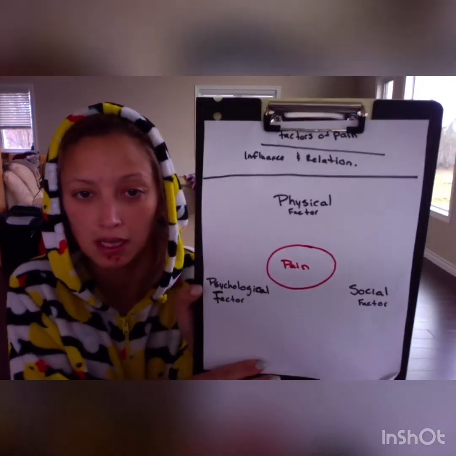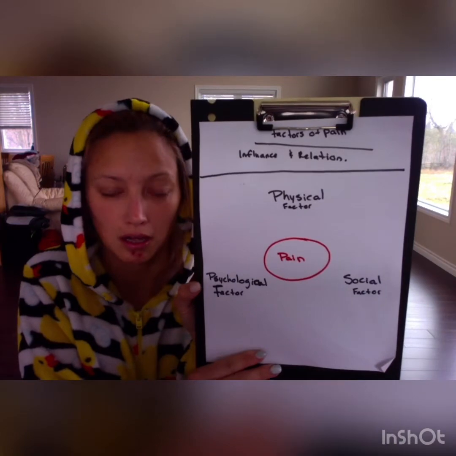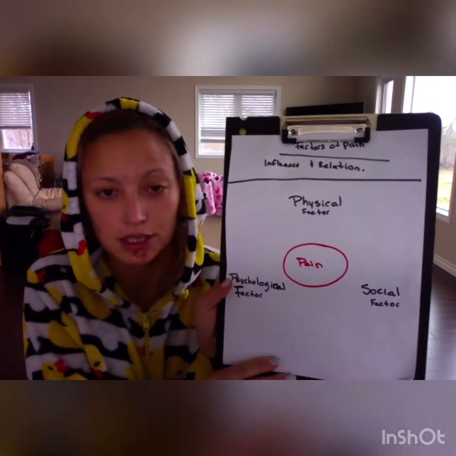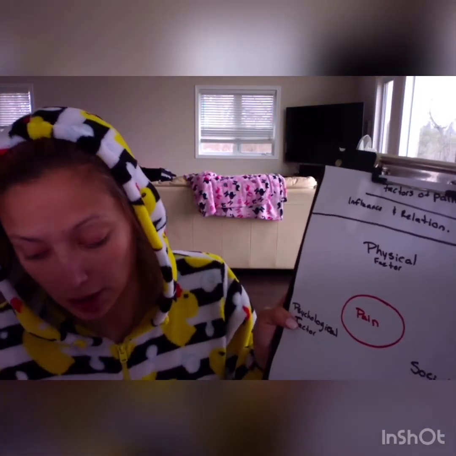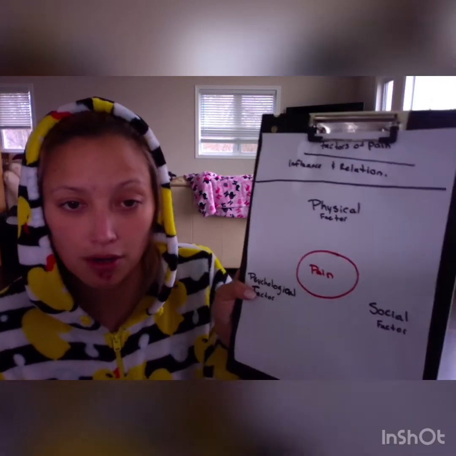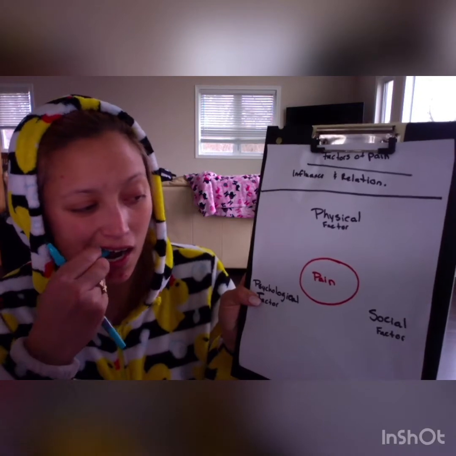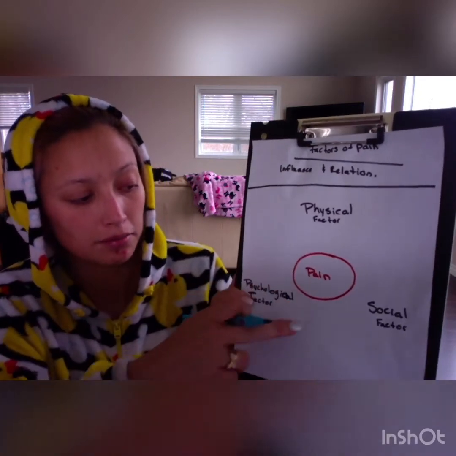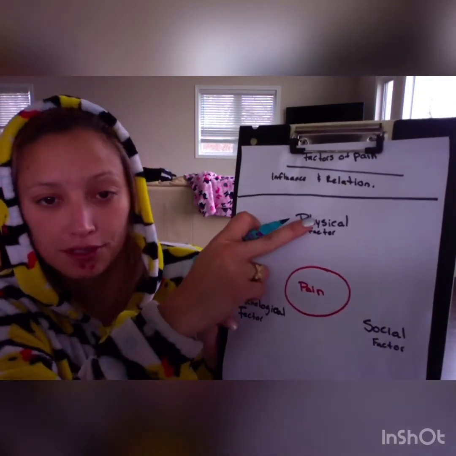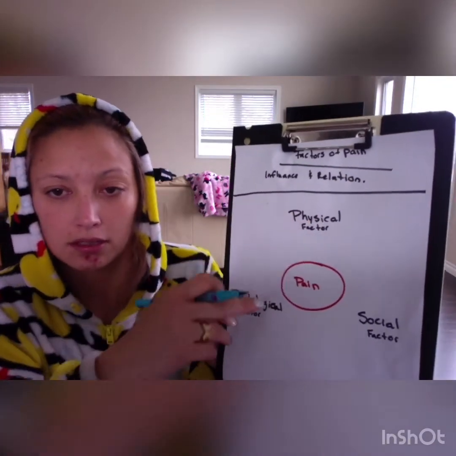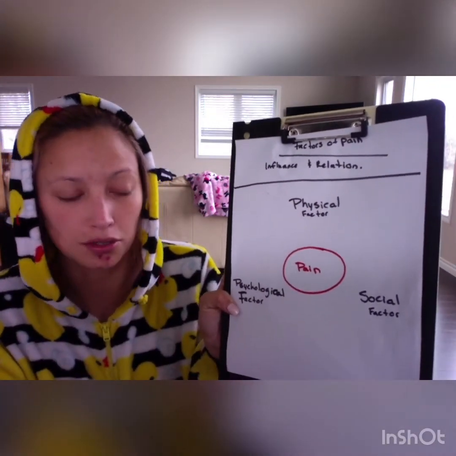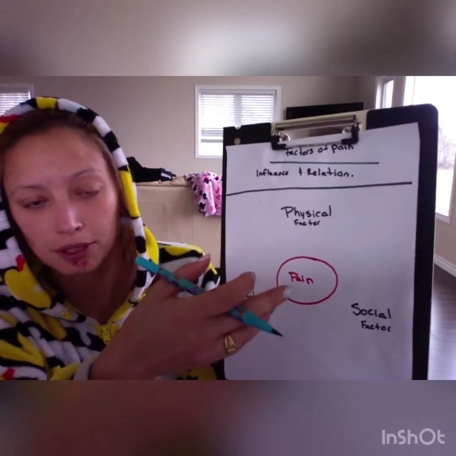So now let's see, factors of pain, influences, and relation. So this is how it was drawn out. You've got pain in the middle. And then you have the physical factor, whether that's getting bumped or nudged or stubbing your toe.